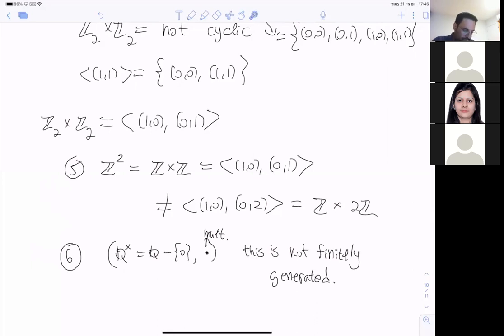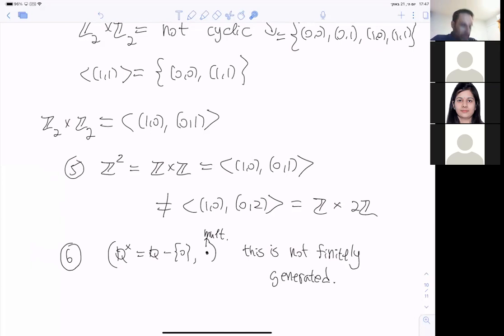I mean, to be able to generate all elements in Q, you need all primes, and there are infinitely many primes. We are going to talk about this later, but just for example, there are groups that are not finitely generated.